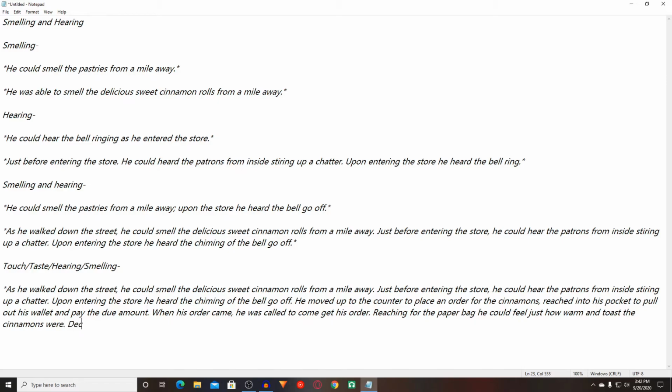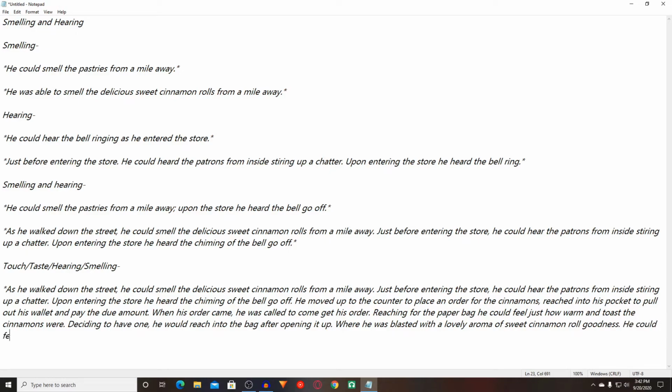Deciding to have one, he would reach into the bag after opening it up, where he was blasted with a lovely aroma of sweet cinnamon roll goodness.